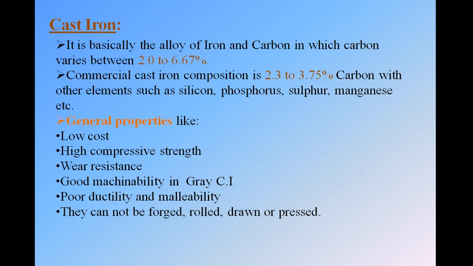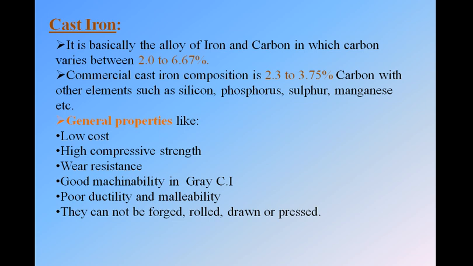So iron ranges from 85 to 90%. Then we have carbon from 2 to 6%, and what remains, 6 to 7%, is all other elements. So cast iron is a ferrous metal.